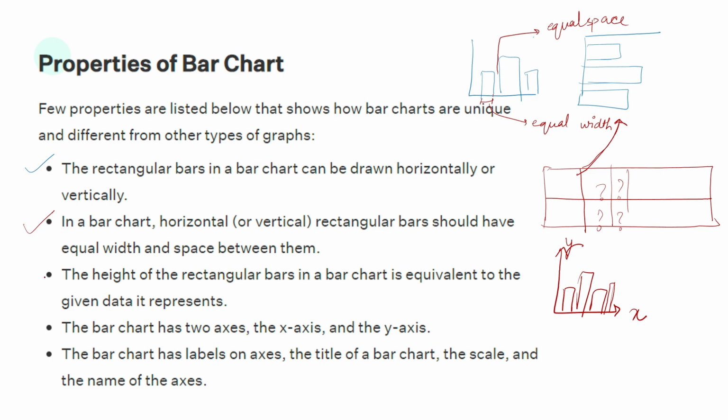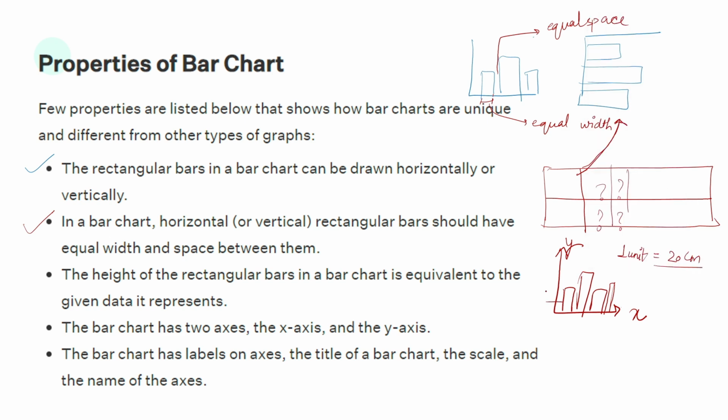The bar chart has labels on axes, the title of a bar chart, the scale, and the names of the axes. So here we have the names of the axes, x and y. We have the scale, that 1 unit is equal to 20 centimeters, suppose.